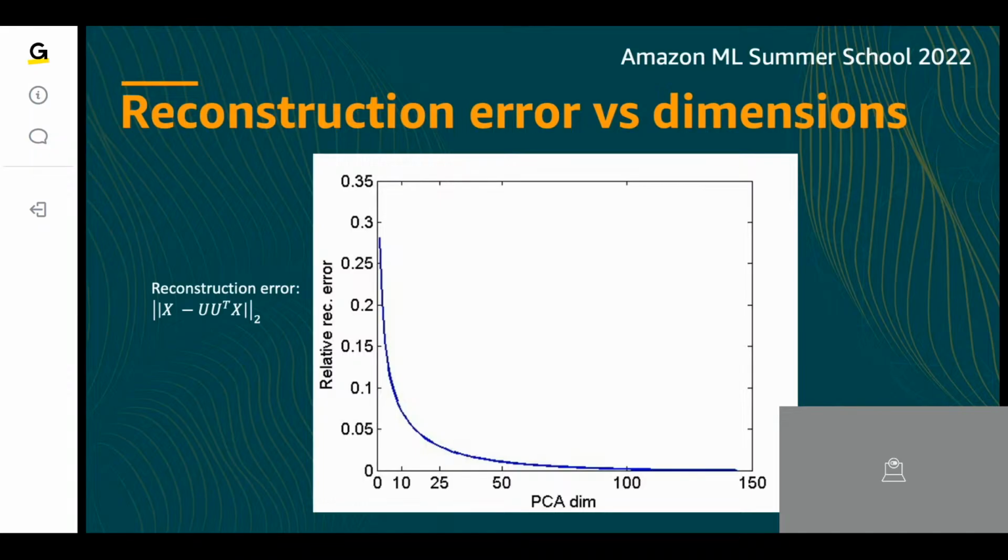This graph is showing that in case X hat was of, let's say, only 10 dimensions, how much of your matrix would you be able to reconstruct? How much information loss do you have? Let's say this is our reconstruction loss metric. Then as your PCA dimensions increase, once you go beyond 100, of course you have zero loss. But it is quite interesting that even with only a few dimensions, which is 10, you are able to reconstruct this image quite well.